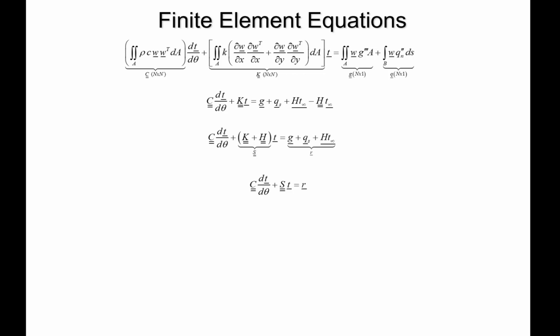We can put them in exactly the same form that we were dealing with for finite difference problems. So this is C times dT d theta plus our stiffness matrix S times T, where S is the sum of whatever conductance matrix and convection matrix we have. And then we have our right-hand side vector, our loading vector, which is related to the forcing functions in our problem, which are generation, specified heat flux, or some kind of external temperature.